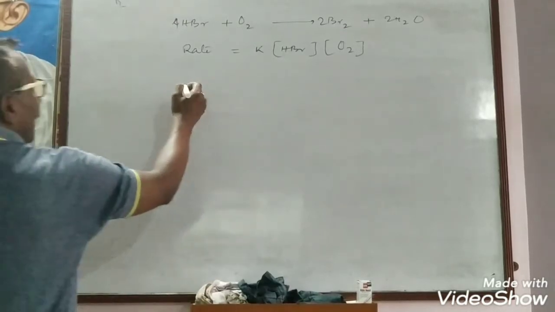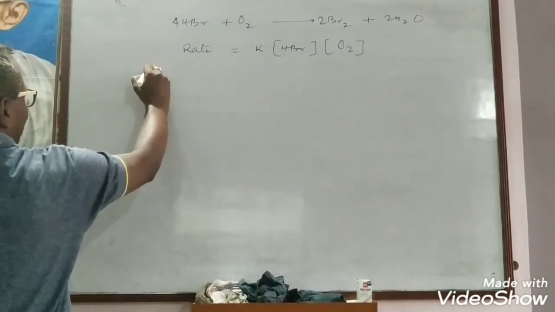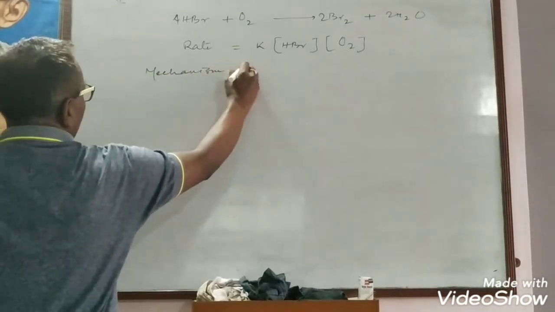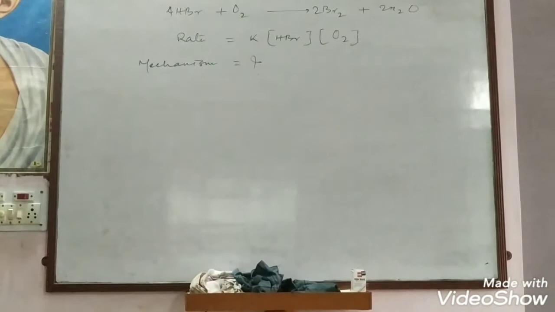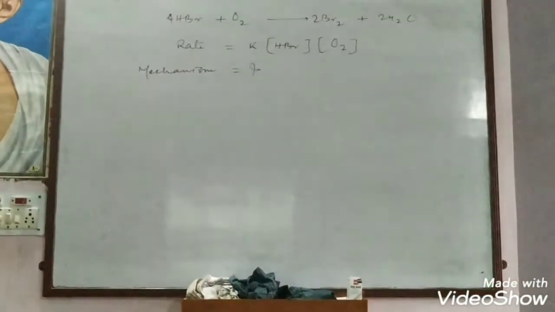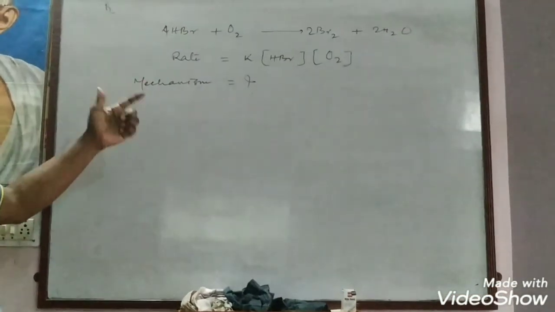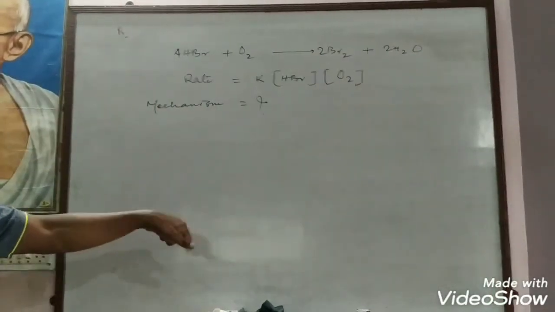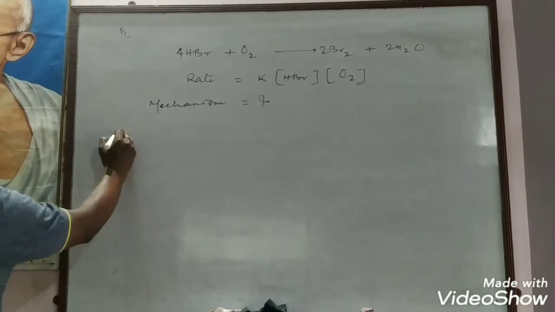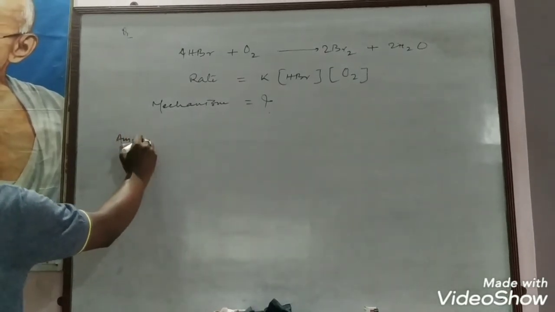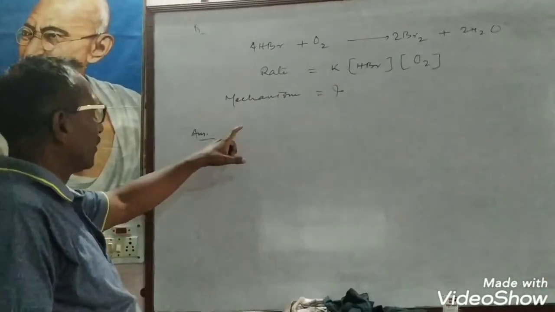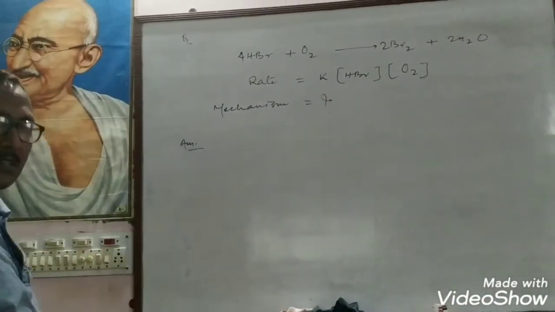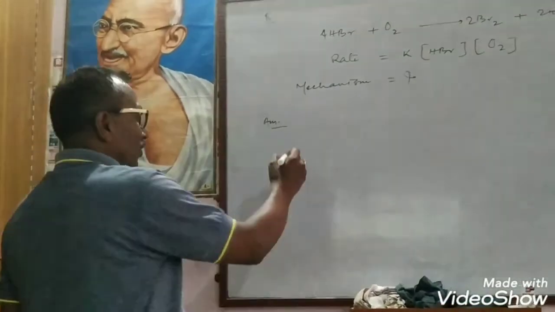Now, what will be the mechanism? So this is NCERT question, and we can have the solution for this question similar to the previous one. So its solution is like this. First we consider the rate law, and the rate law gives us the slow step of the reaction.